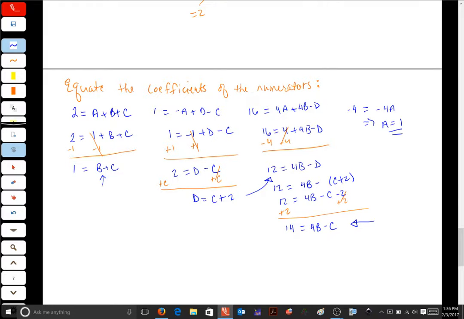The second equation, add the c over, is that what I heard? So we have 4b is equal to 14 plus c. Let's divide by our 4.